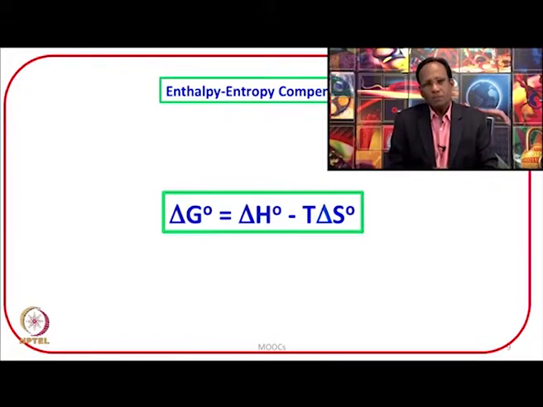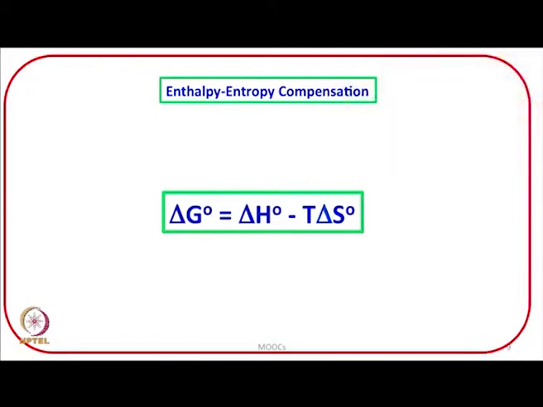Enthalpy entropy compensation has been a subject of discussion for a long time. It has been observed in many phenomena like protein ligand binding and protein unfolding, along with some other processes where there is a change in delta H naught and delta S naught.